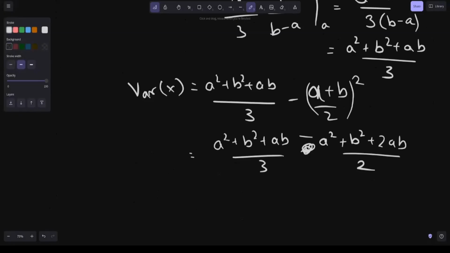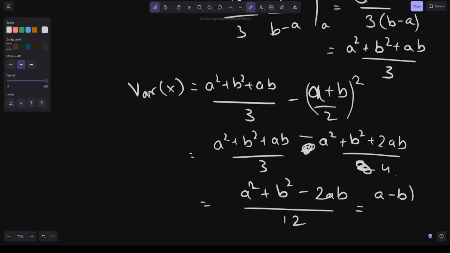That comes out to be a square plus b square minus 2ab by 12. And finally this is a minus b whole square by 12.